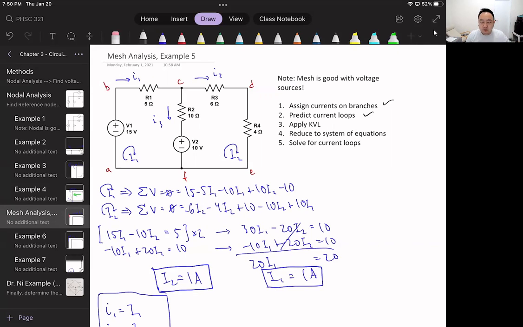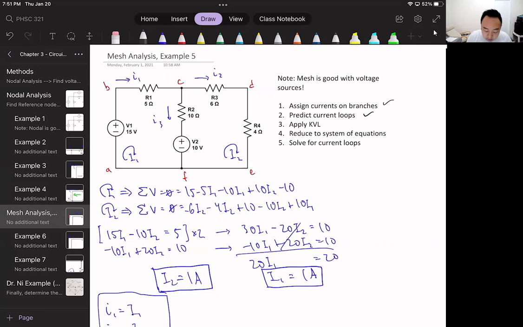Usually it's a piece of plastic or so. So this is kind of like, quote unquote, the Windows method. Sometimes you may see lots of those and you may wonder, hey, I'm going to use mesh analysis. Well, I don't know. We'll see. If you actually identify the current branches, you may think differently and may think, hey, maybe I should use nodal analysis instead. But anyways, next thing you want to do is predict the current loops.